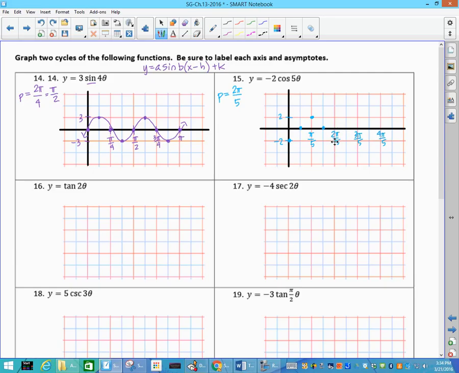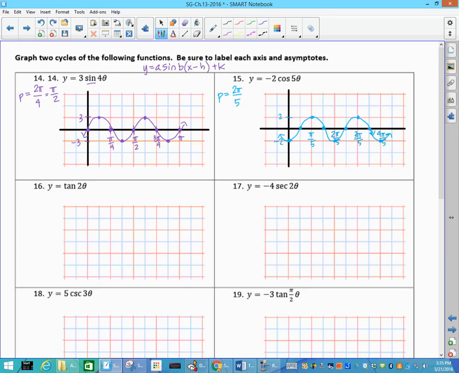Repeat. Starts at a min, ends at a min. Halfway between is a max. Halfway between each point are zeros. So when I connect, oh no, I gotta keep going, my bad. Keep going, there we go. So there's my cosine.